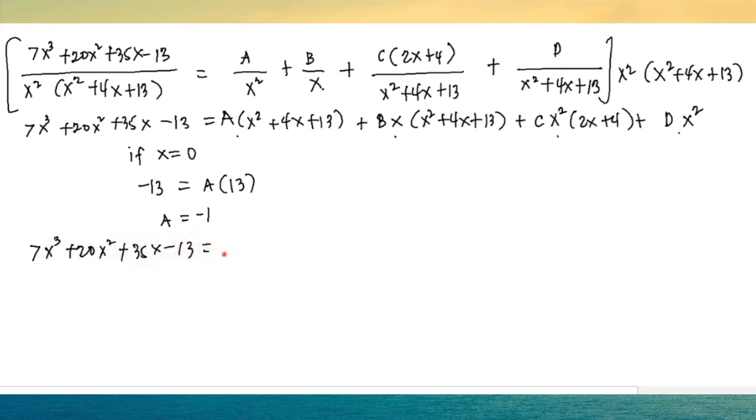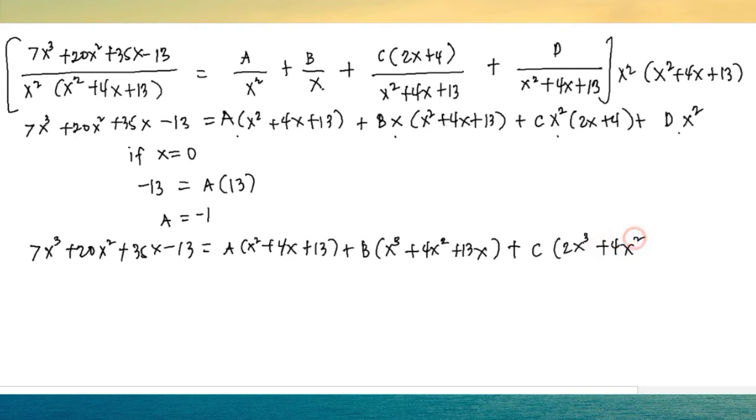This is equal to A multiplied by x squared plus 4x plus 13, plus B, this is x cubed plus 4x squared plus 13x, plus C times 2x cubed plus 4x squared plus D times x squared.